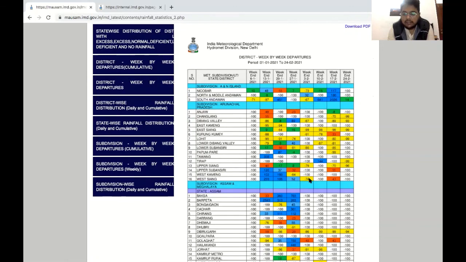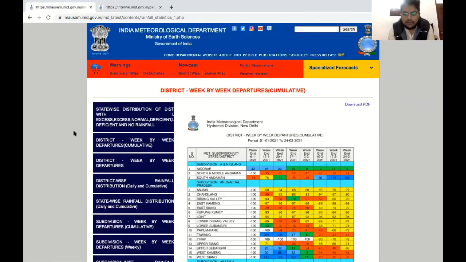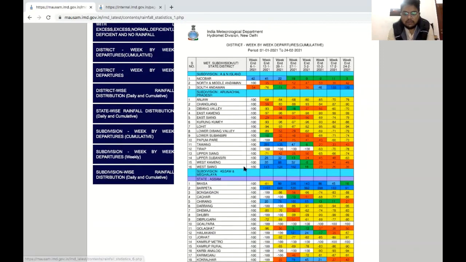It becomes large deficient, minus 74, in the week of 3rd February, and then it picks up a bit by the weekend of 17th February. So this is week by week departures. You can also see week by week cumulative, which is a bit different. So West Siang, you can see that it's steadily decreasing. It was a large excess, then it became normal, and then it has gone into deficient.